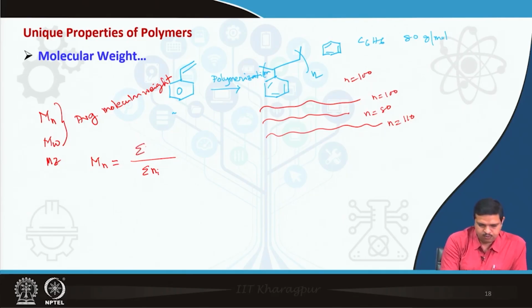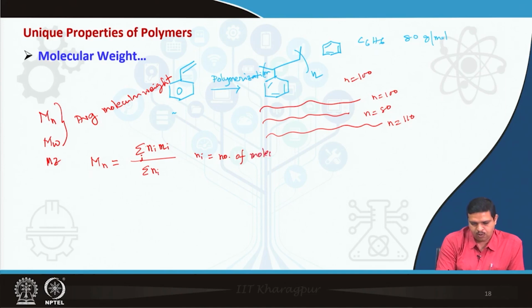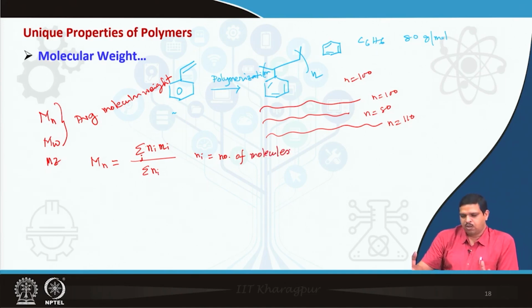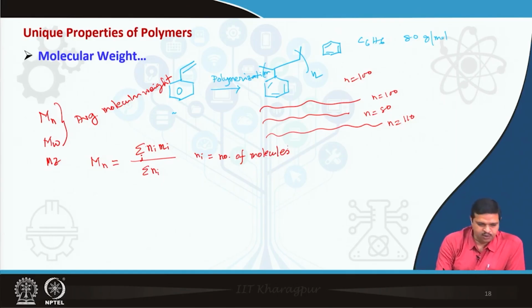And what is Mw? Mw is summation Wi Mi over summation Wi. You can convert it to Ni Mi, so this is my summation Ni Mi squared over summation Ni Mi.